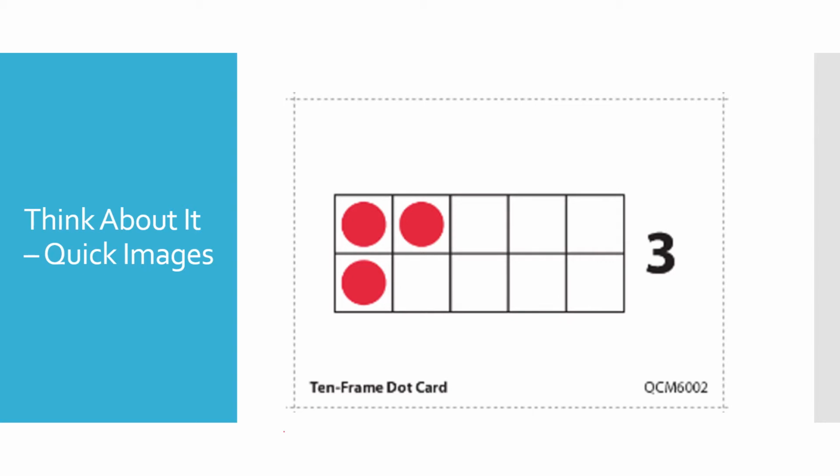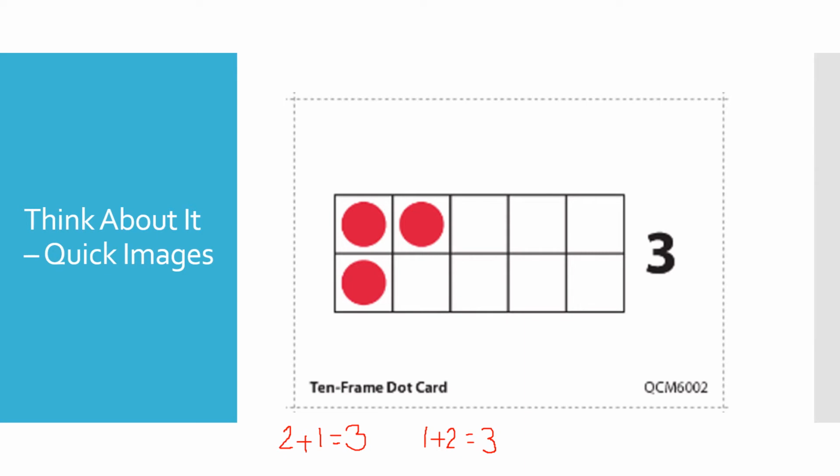Did you see 2 counters on the top row and 1 counter on the bottom and know that 2 plus 1 equals 3? Or maybe you saw it the other way and you saw 1 on the bottom and 2 on the top. And that's another way of showing 1 plus 2 equals 3.